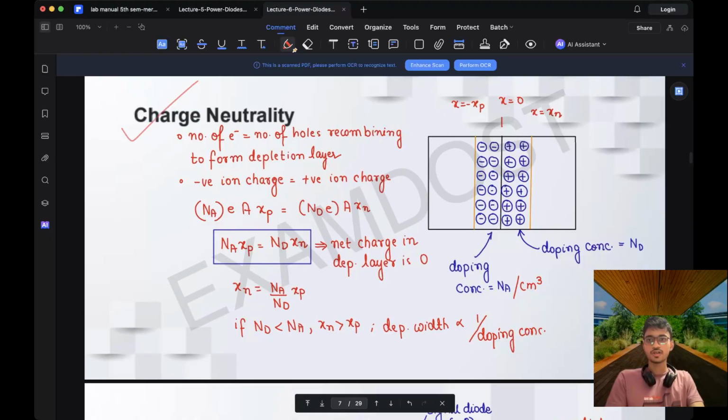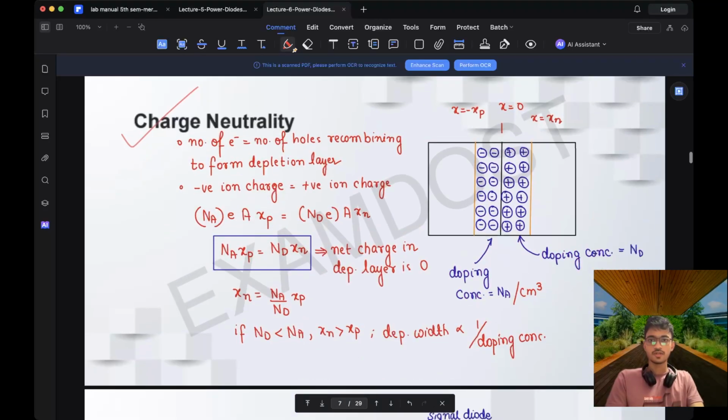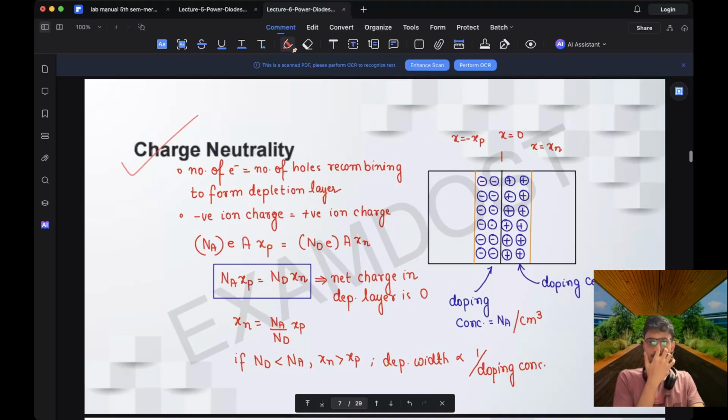In the charge neutrality condition, what is this condition? The number of electrons and number of holes are equal, recombining and forming the depletion region. They are recombining, so there is no movement, only recombination, no addition, injection or removal of charges.